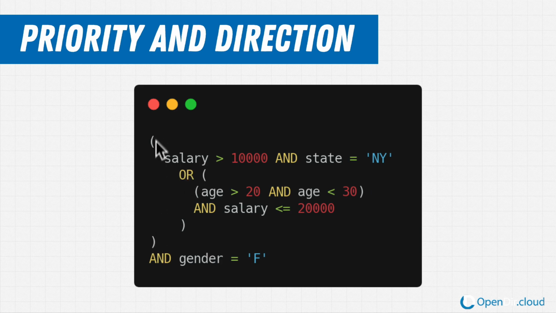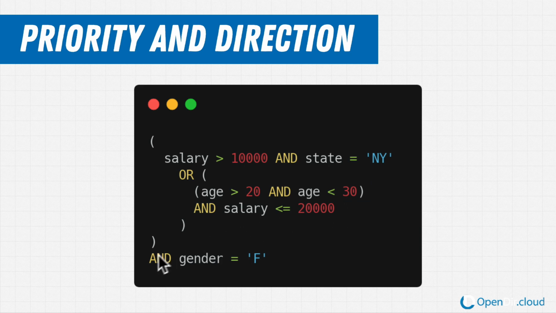So because this is the leftmost statement with the top level parentheses, well, we're looking for people that have a salary larger than 10,000 and are from the state of New York. Or they are between the age groups of 20 and 30, so 21 to 29, and they have a salary of less than or equal to 20,000.